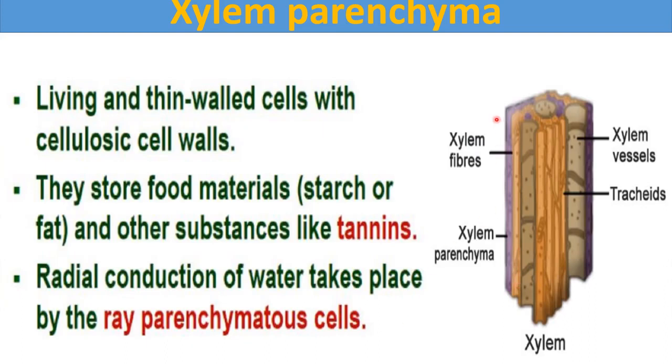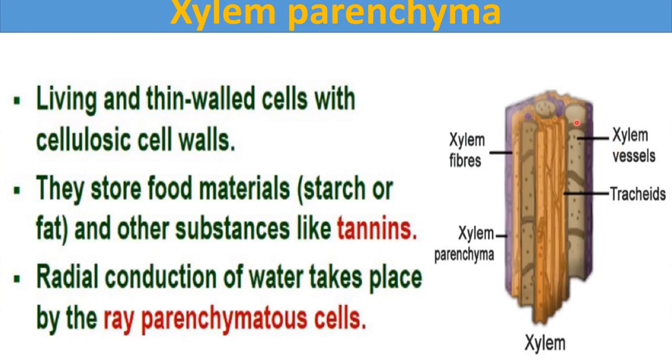See here, this is the diagram for the complete xylem tissue, and here you can see all the elements of xylem tissue. The outermost portion, shown in purple, is xylem parenchyma, having thin walled living cells. Then this is xylem fiber.